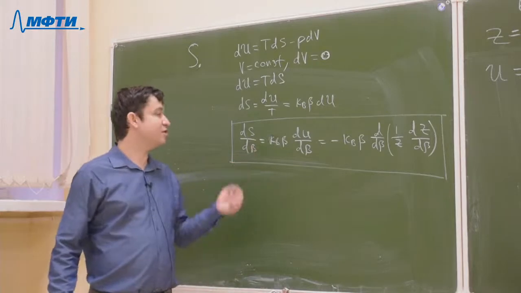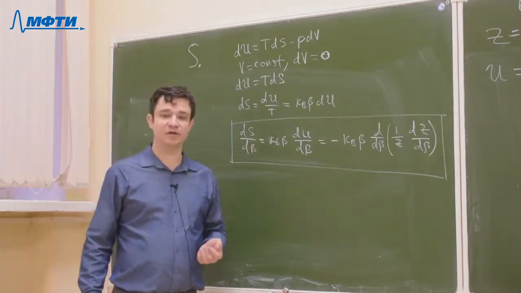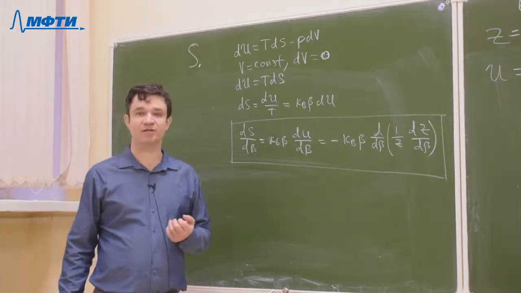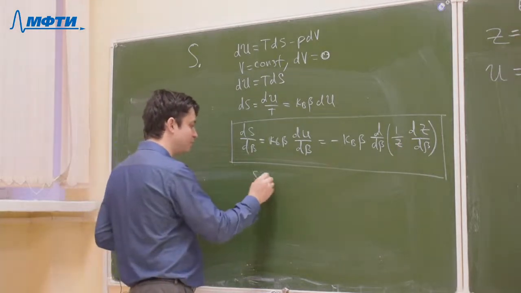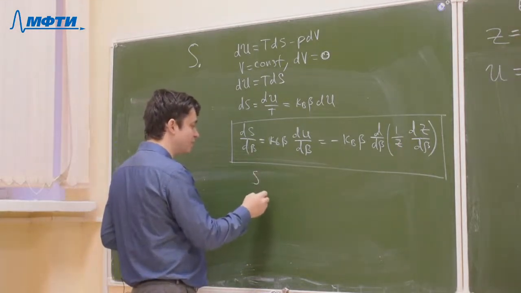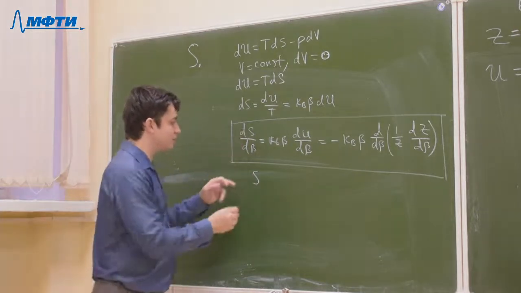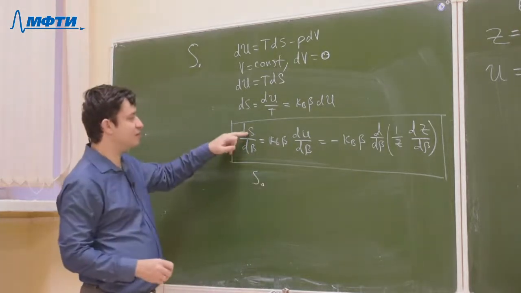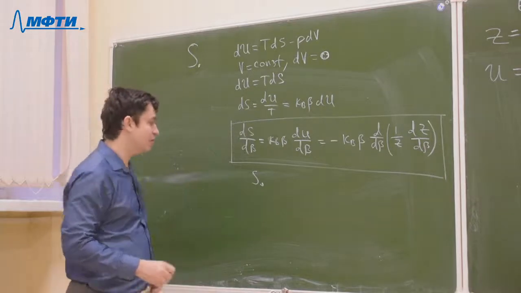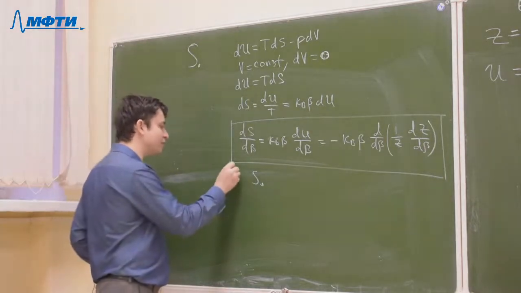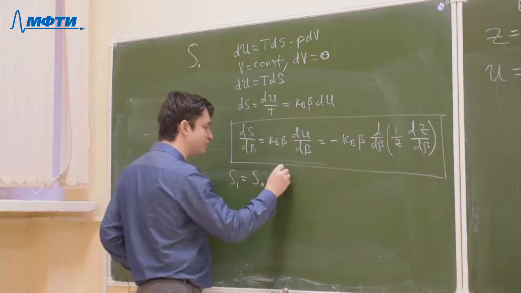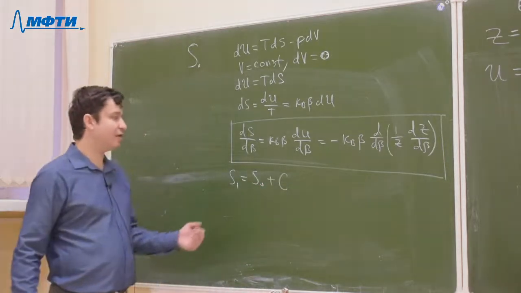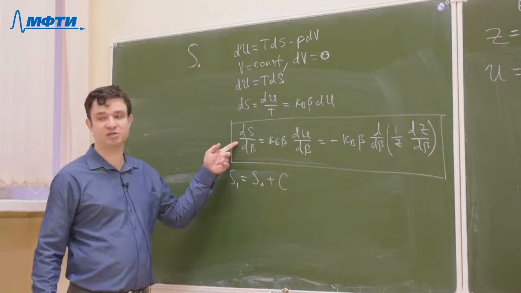This is a differential definition. That means that using this definition we can find entropy only up to some constant. So if we have some function S0 which satisfies this equation, then if you introduce another function S1 which is S0 plus a certain constant C, then this function S1 will also satisfy this equation.